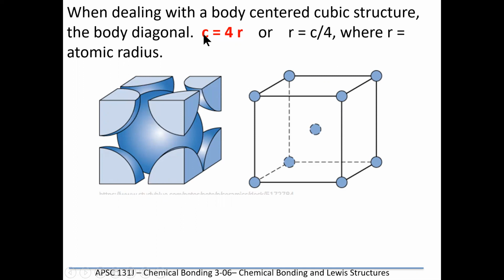So if I wanted to show you C, for instance, which is the distance from one diagonal to the other, we can see that C really equals, here's one radius of an atom. The second is the radius inside the large atom in the middle. The third is the radius on the other side of that atom. Then the fourth is the radius of this atom at the corner. So we really deal with 4R.